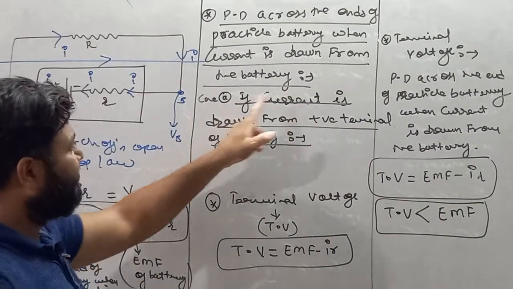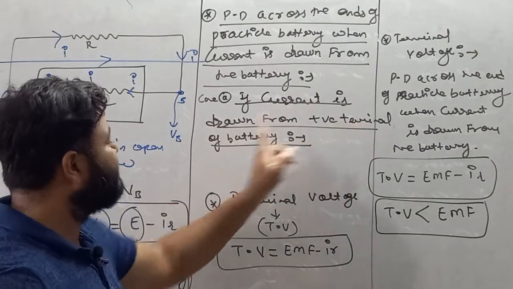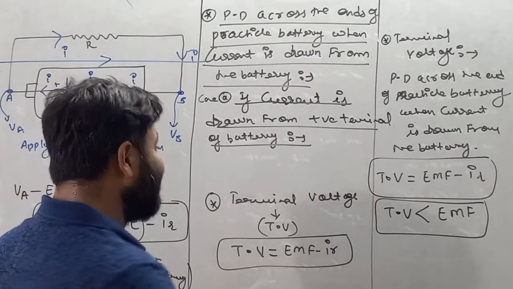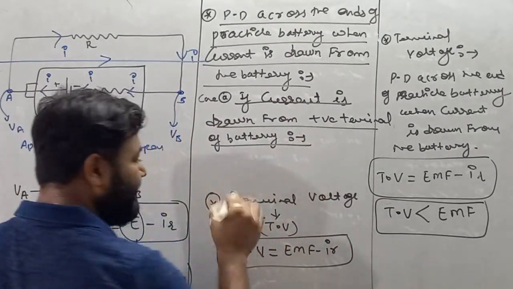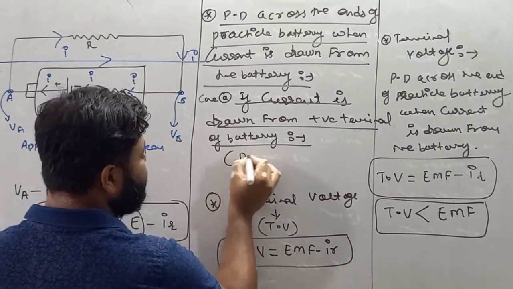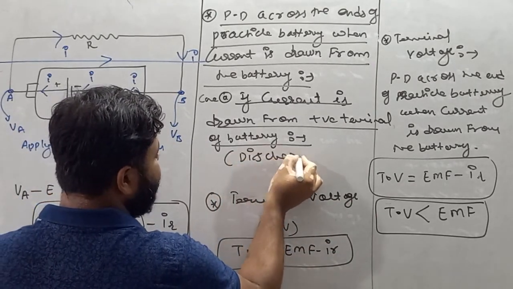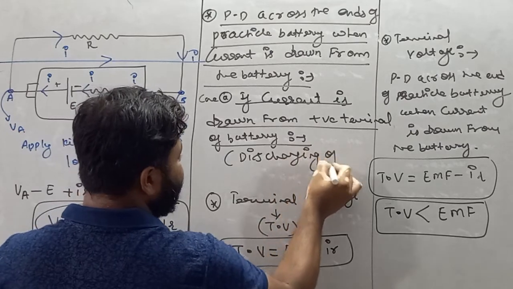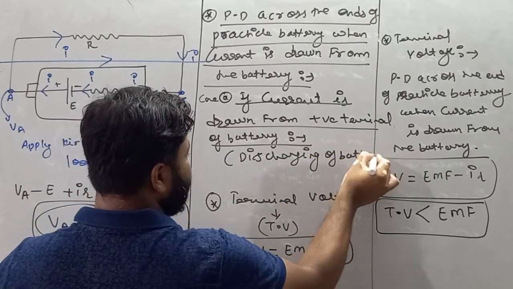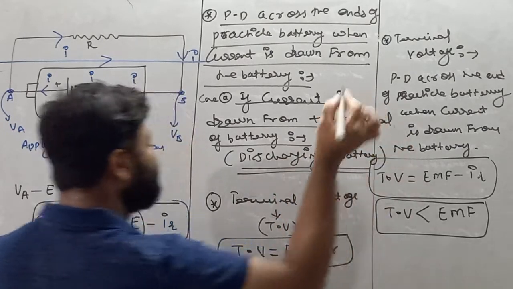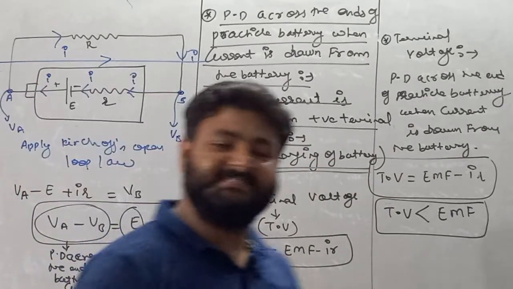So see, if current is drawn from the positive terminal of the battery, along with this heading, write one more heading. This condition is called discharging of the battery.